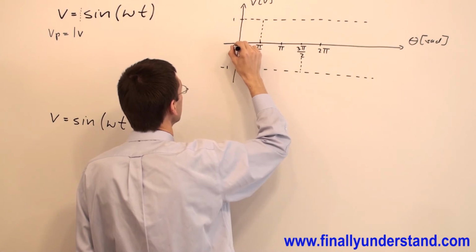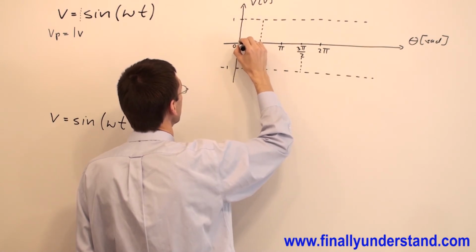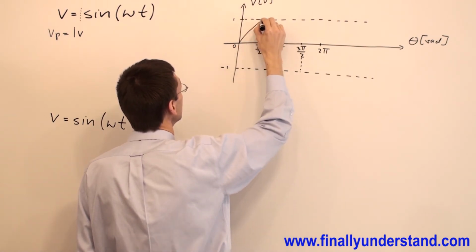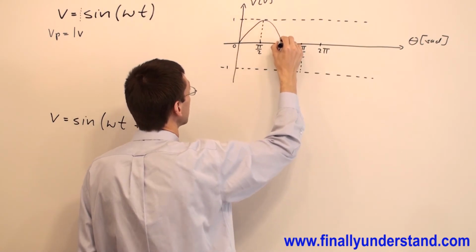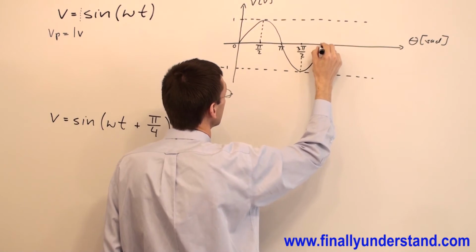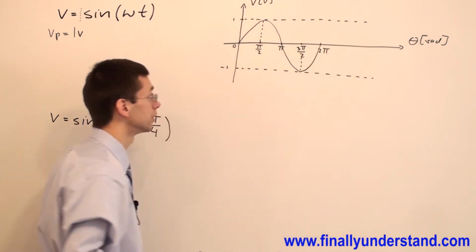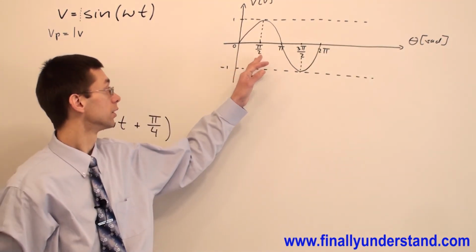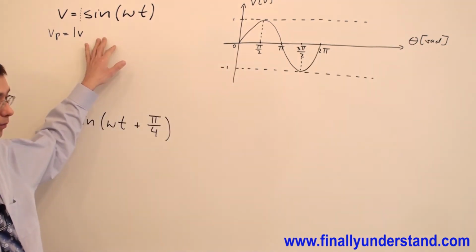Now, remember, this is 0 degrees, 0 radians, and draw the wave. This is the graph to this equation.